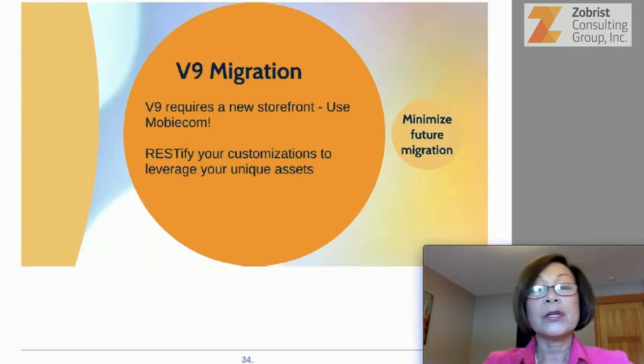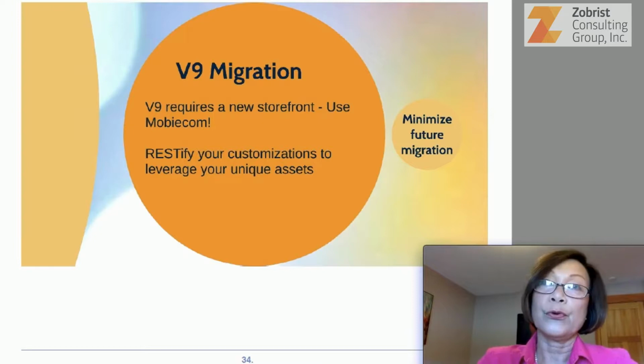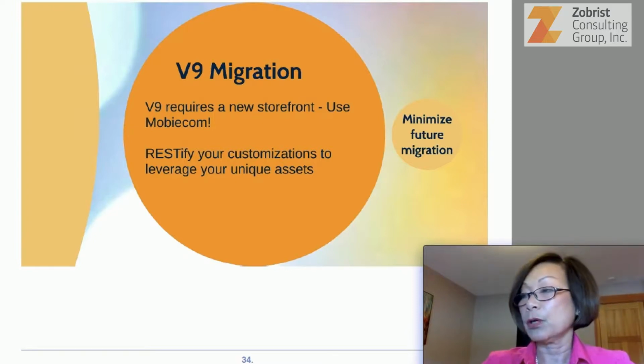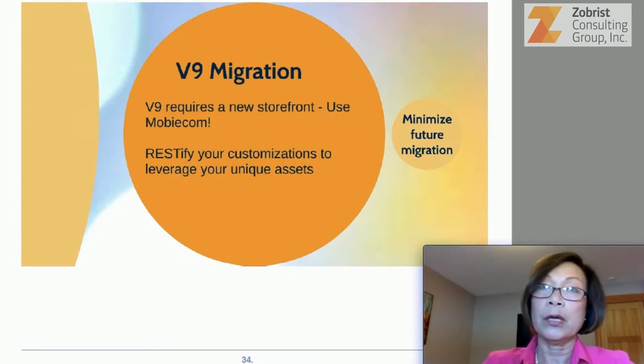If you look at version 9 migration, then version 9 is a modern architecture. So your old front end won't work, or it can work in a lift and shift manner, but you won't be leveraging the true new architecture of version 9.